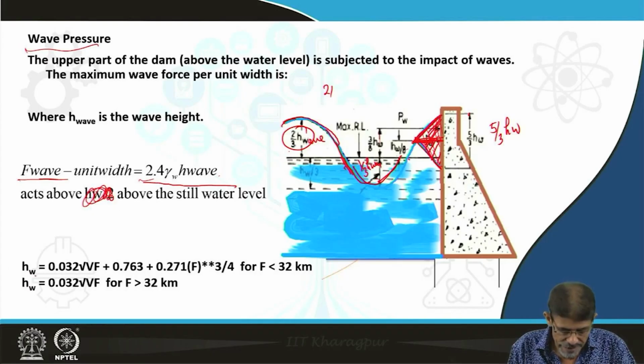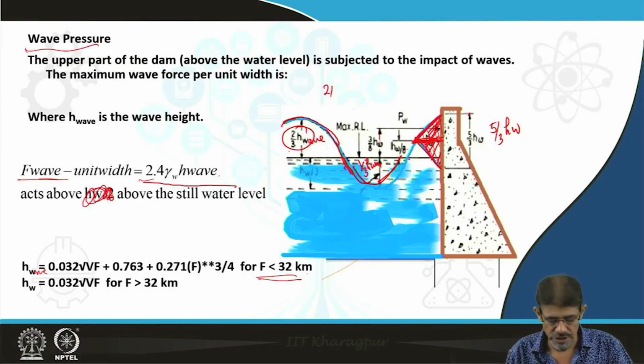The height of wave can be recognized, if the fetch distance is less than 32 km, with the help of fetch distance and the velocity of wave: 0.032 under root V into F plus 0.763 minus 0.271 F power 3 by 4.